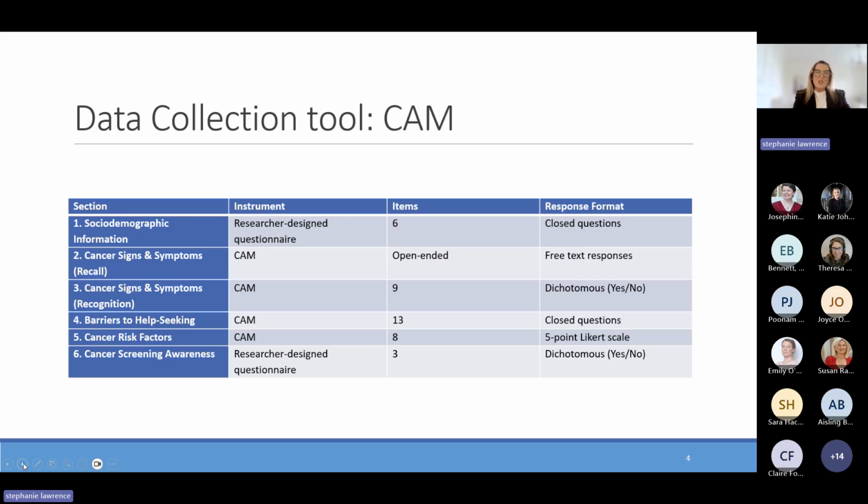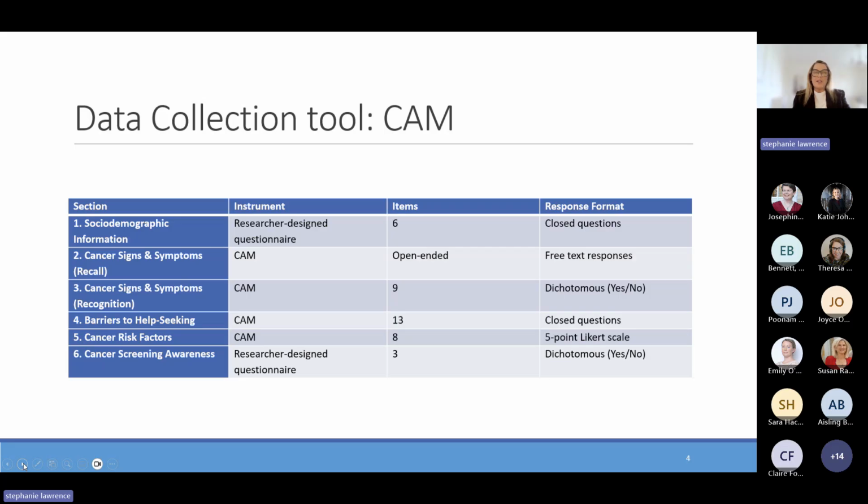The data collection tool, as I mentioned, the cancer awareness measurement tool, is a very valid, reliable tool. It collected the socio-demographic information from the students. This included some closed questions. The second part of the survey was about recall. Adolescents were asked to use free text, open-ended responses on their understanding of what a cancer sign or cancer symptom might be.